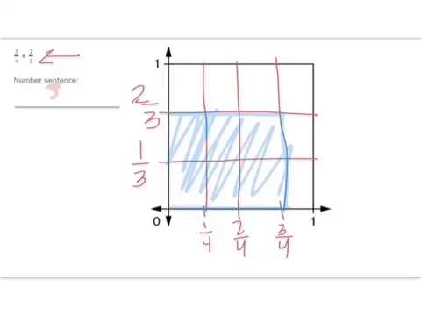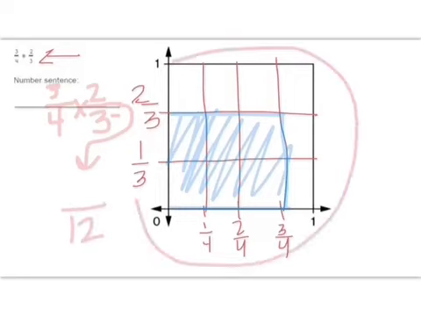We have 3/4 times 2/3 equals, now let's zoom out and see that there are a total of 12 total squares in the whole thing. Okay, and there are 6 of those shaded in.